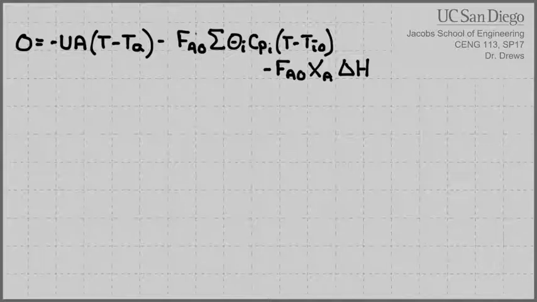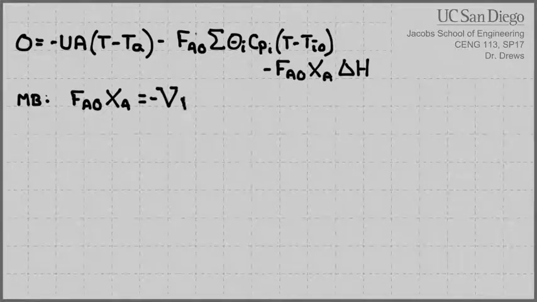From our material balance, we can write FA naught times XA is equal to minus V, that's capital V, which is our reactor volume, times RA.